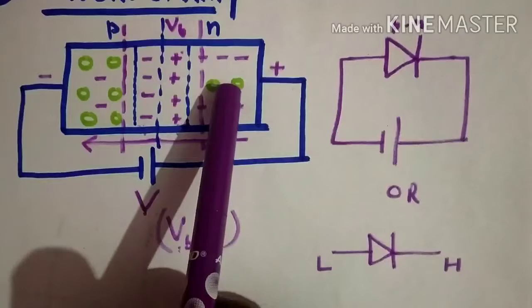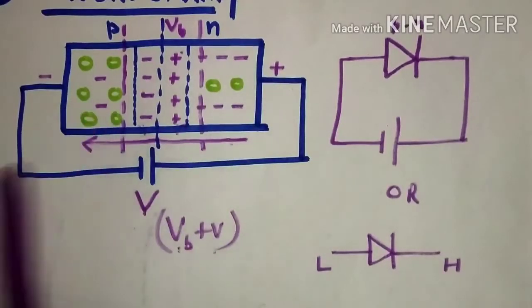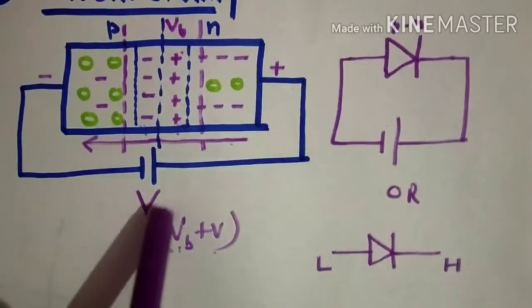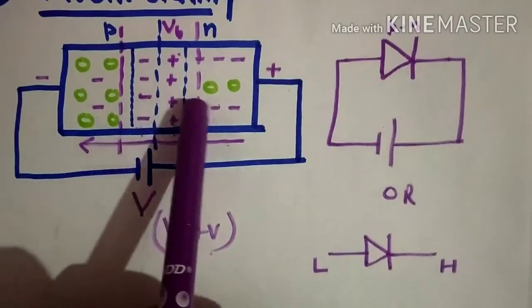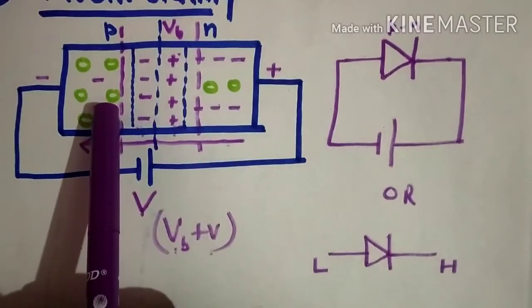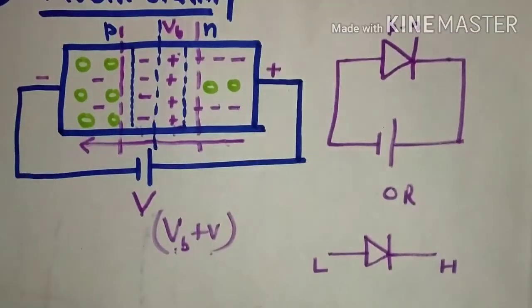So this crossing of the minority current carriers becomes almost independent of the supplied voltage. Since these minority current carriers are able to cross the junction at any voltage, the current due to them, which is in the order of microampere, is almost independent of the voltage.